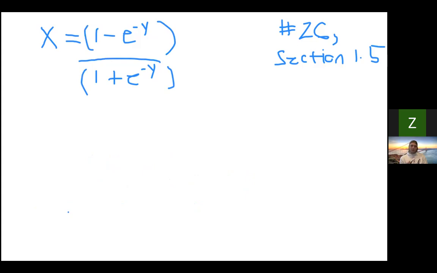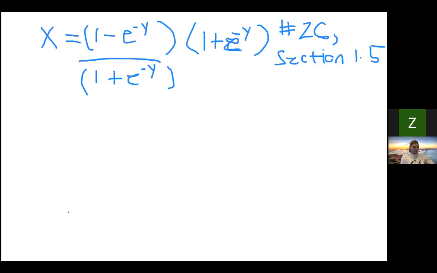When we're dealing with fractions and you're trying to solve for a variable, fractions can get really messy. Let's get this out of here. Let's multiply both sides by 1 plus e to the negative y. All right, that is an e like that. What we do to one side, we have to do to the other.